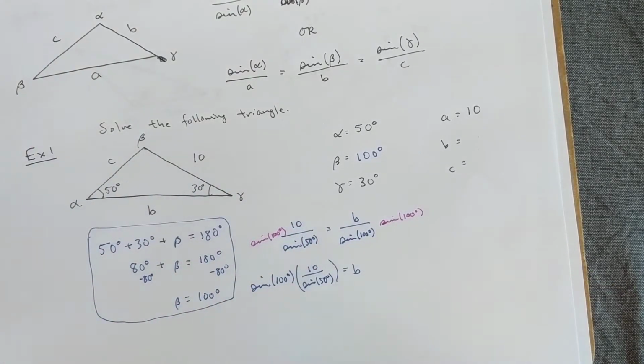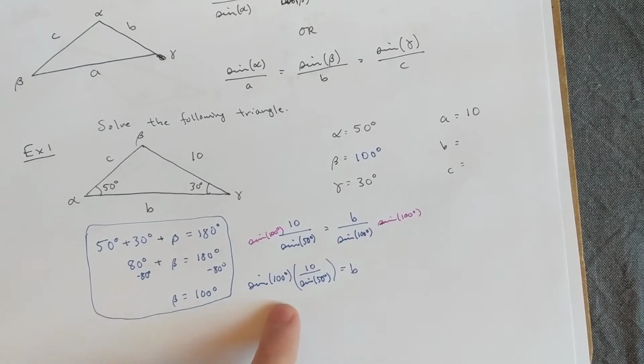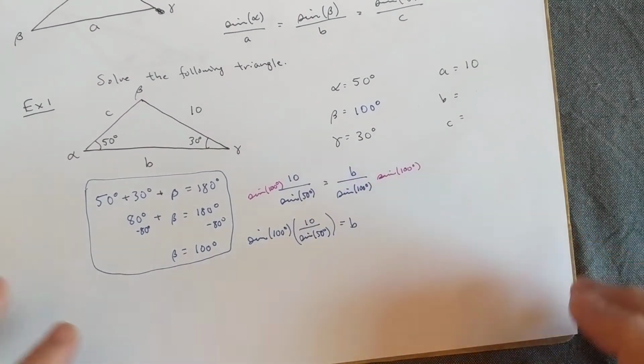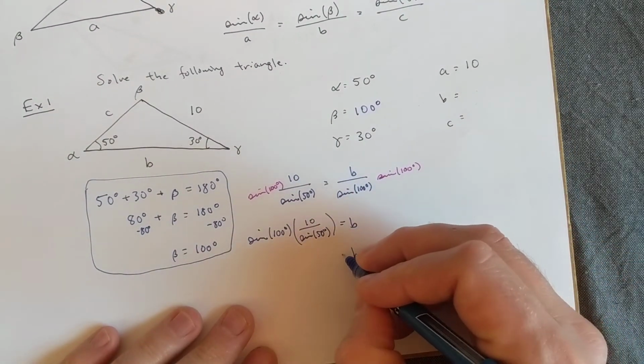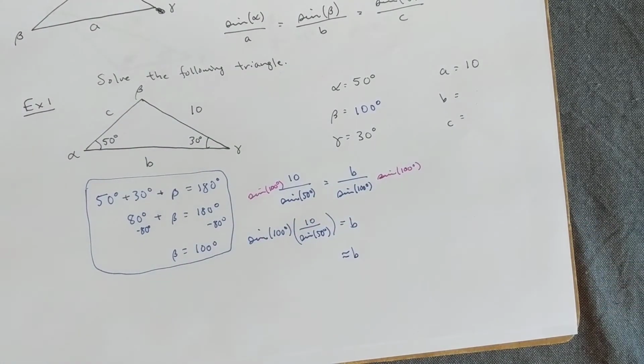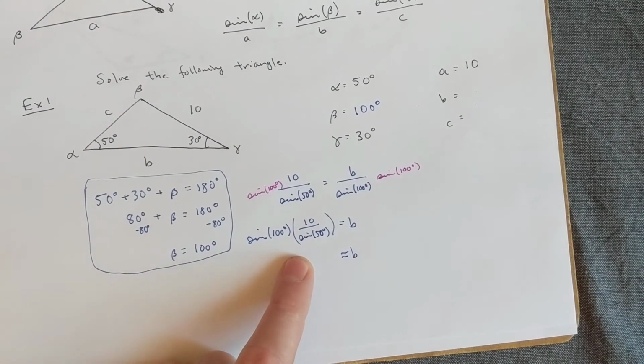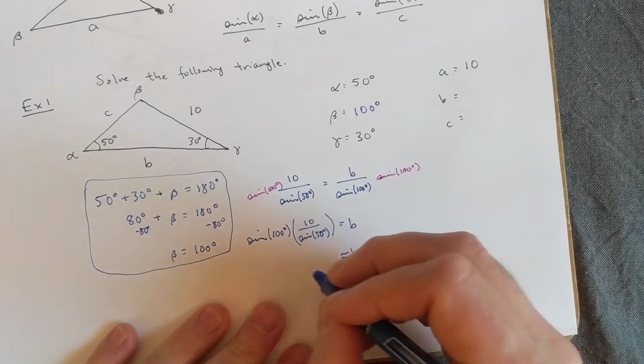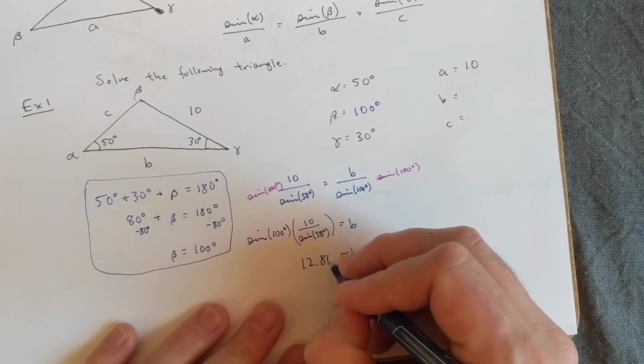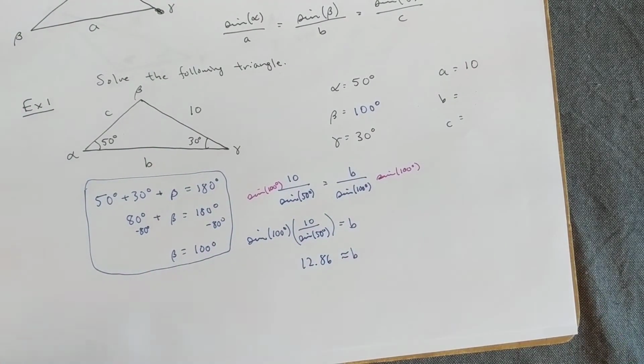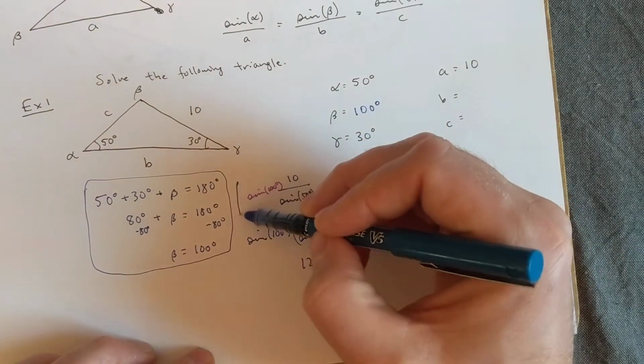All right. And so we're going to have to approximate this. This is the actual number, but it's not a very useful number. So we're going to multiply this out. And if you multiply this out, make sure you're in degrees. You should end up with something like 12.86. And I'm always going to round to 2 decimal places in this case.